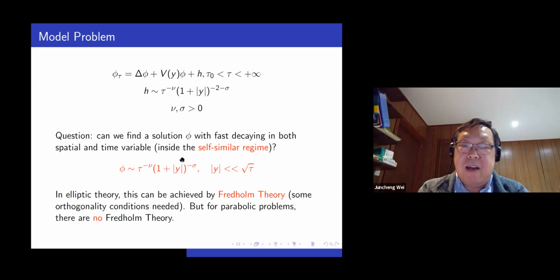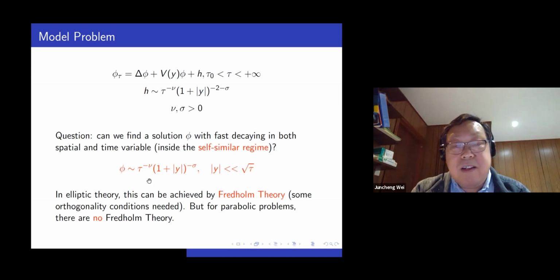Okay, and so if we don't have the time variable, this is elliptic theory, and you can find a decay solution by Fredholm using some compactness argument. Right, you can do weighted Sobolev space and the compactness argument.